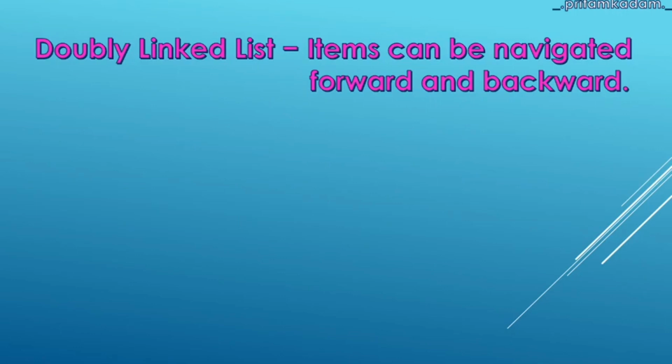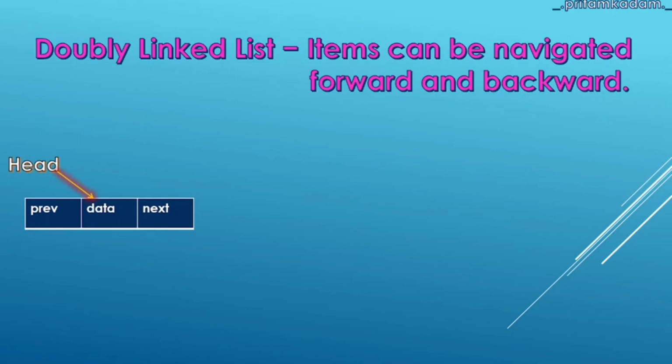Now let us go to the second part, that is doubly linked list. Items can be navigated forward and backward, means there is a previous one, the data part and next part. Okay, this is the first, so we will call it as head. Its next and its previous is null. Okay, because when it was the last element, then it was pointing to null.